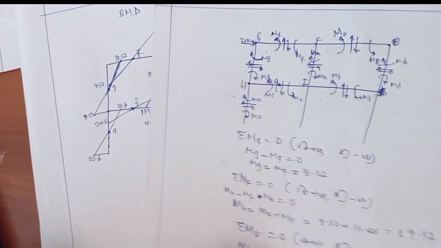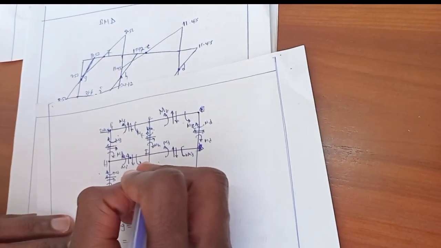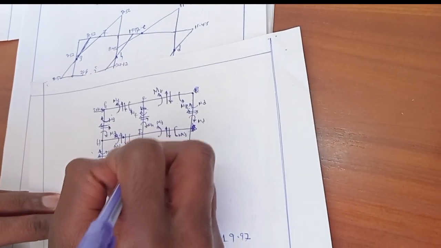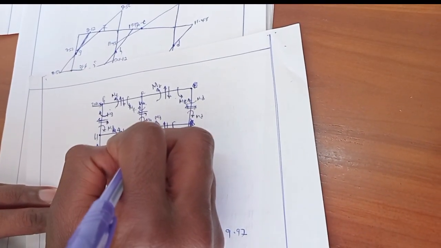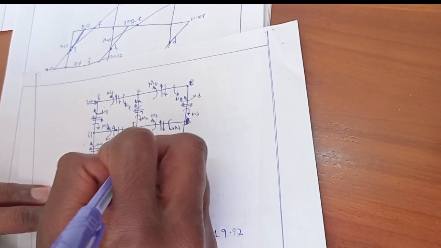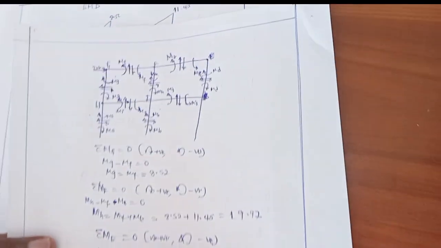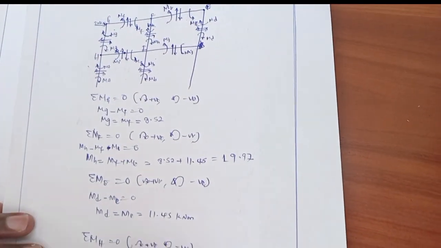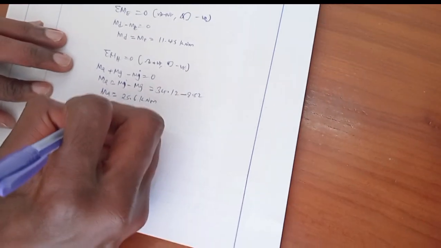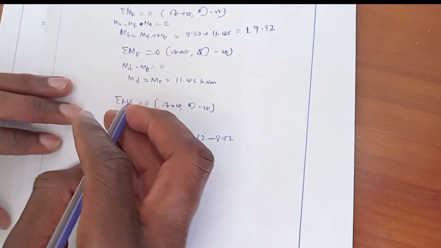Let's go to point B. Let's take summation of moment at point I. Also here there are internal forces. This is the bending moment of B, for equilibrium it will be MB also. Okay, let's take summation of moment at point I is equal to 0.